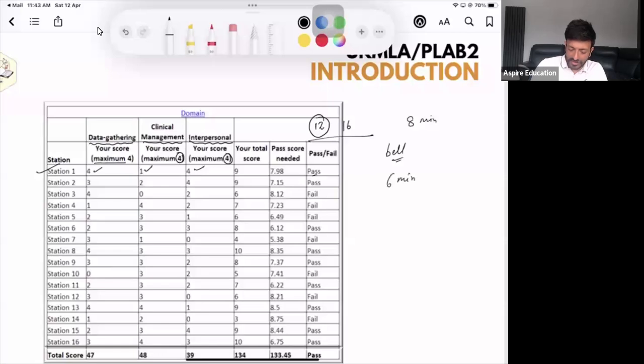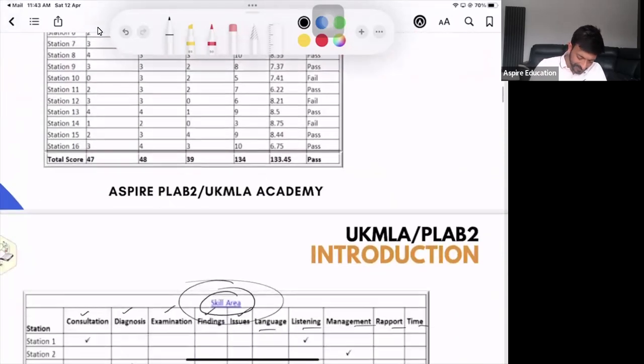After 6 minutes, there will be a bell saying 2 minutes left. And then there is a bell saying, move on to the next station. So this is how it works. That's the bell that is going to give you an idea about the time.